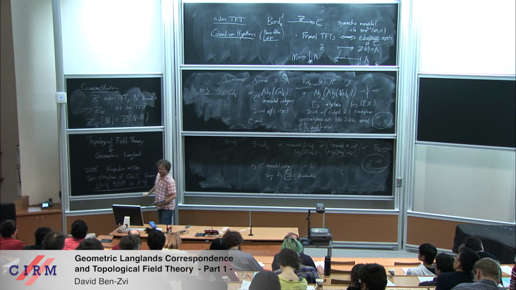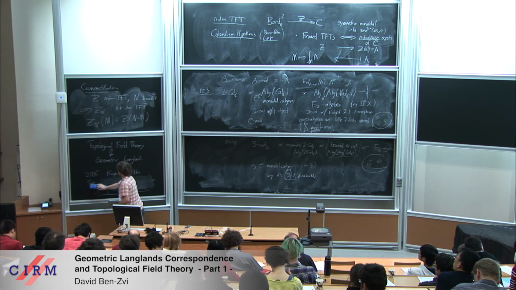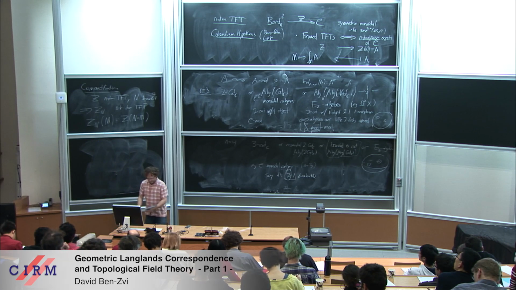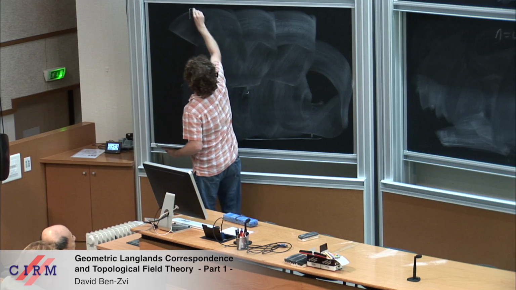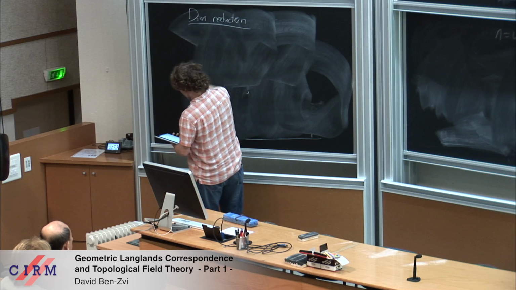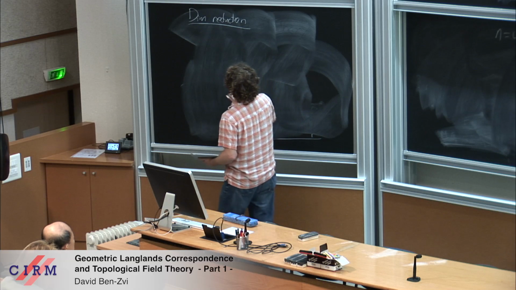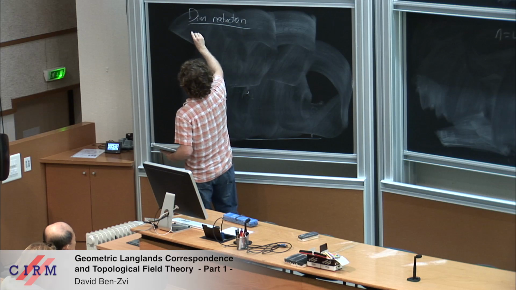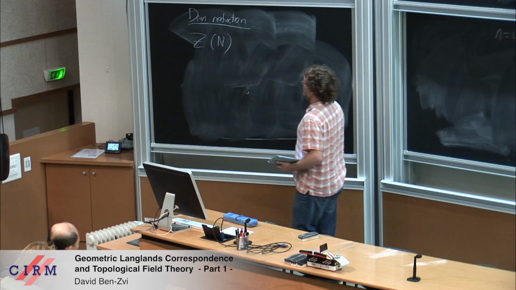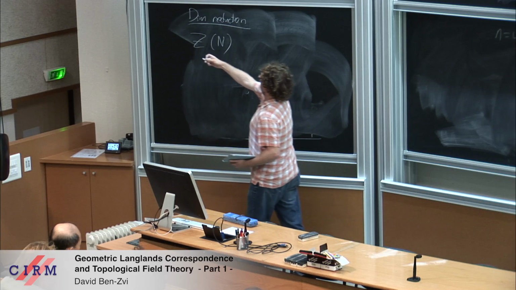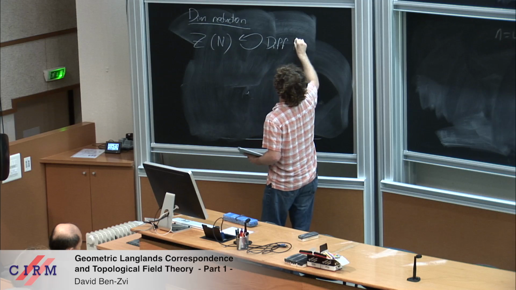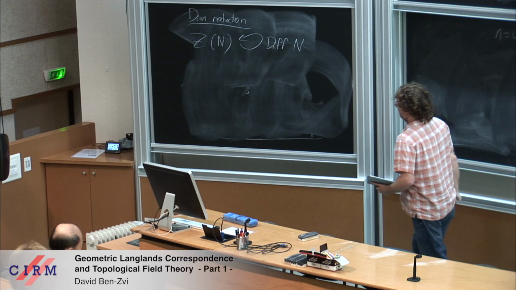So that's a version of what physicists call compactification. Something more interesting that we can do is called dimensional reduction. And what's a dimensional reduction? This is a more interesting way to reduce the dimension of a field theory. So if I have a topological field theory and I evaluate it on a manifold N, this output by construction carries an action of the diffeomorphism group of N. So I really have a family here.